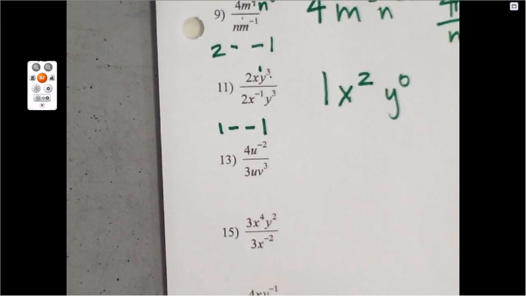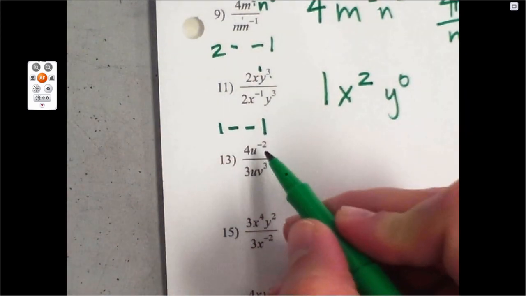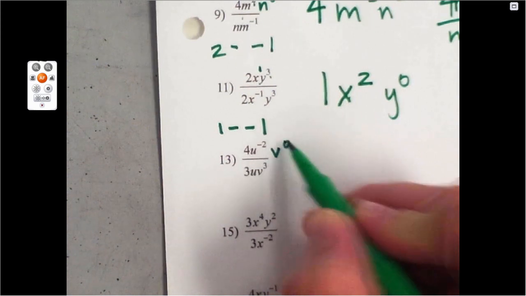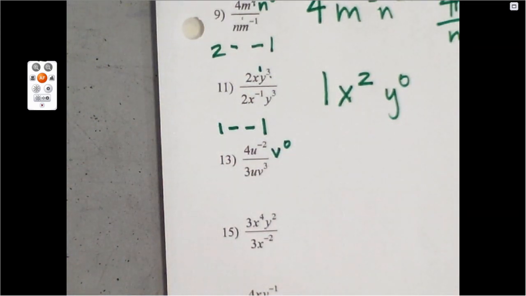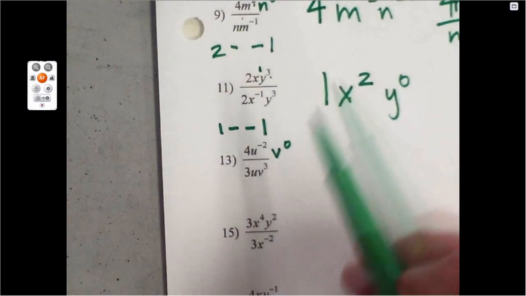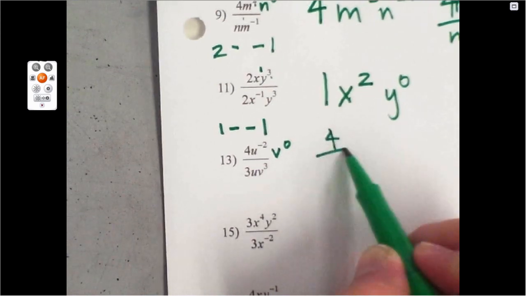Number 13. All right, I'm going to clean this up. I don't have a V on the top, so I'm just going to add one on there and put a 0. If you have to add the letter, the exponent is 0. 4 divided by 3 is 4/3.